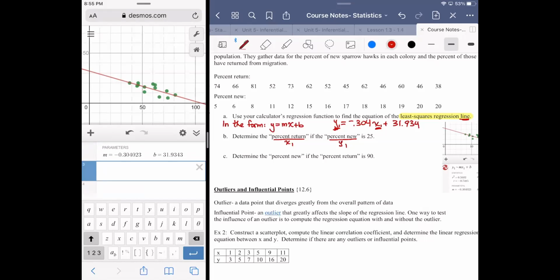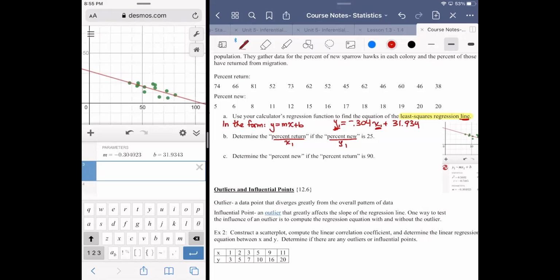So solver, edit. Let's see. That's not helpful. Solve the system. An intersection using the graph.